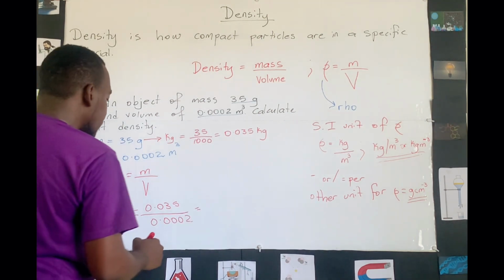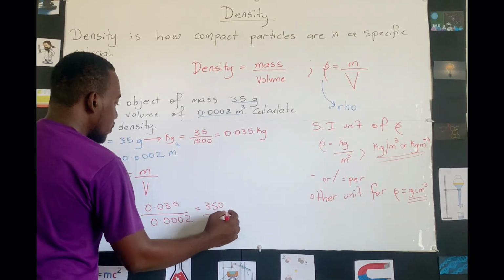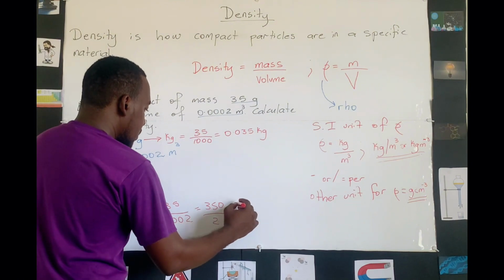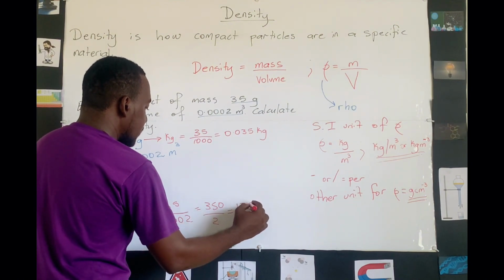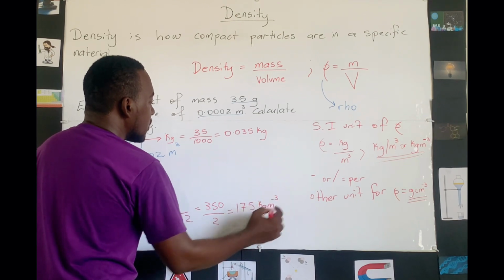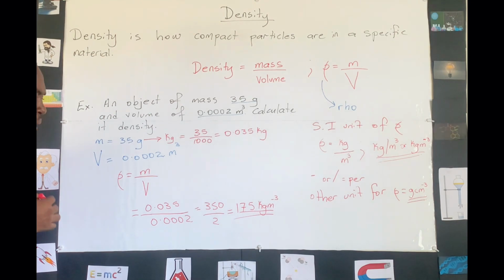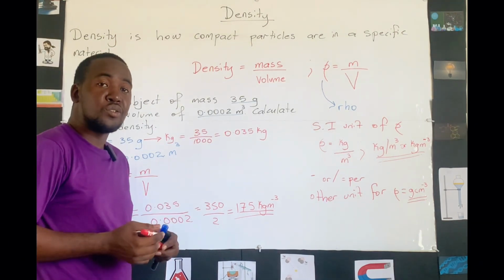Which is 350 over 2, which is 175 kilogram per cubic meter, right? Now, very easy to do.